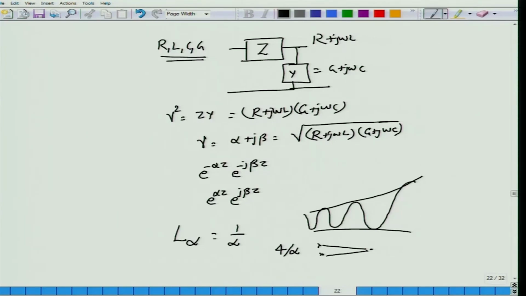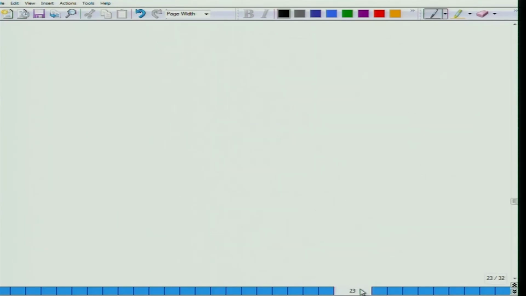There is one other thing that we have not talked about for this transmission line, and that happens to be the characteristic impedance. To get to the characteristic impedance, let us first write V as V0 plus e power minus gamma z plus V0 minus e power gamma z, right.